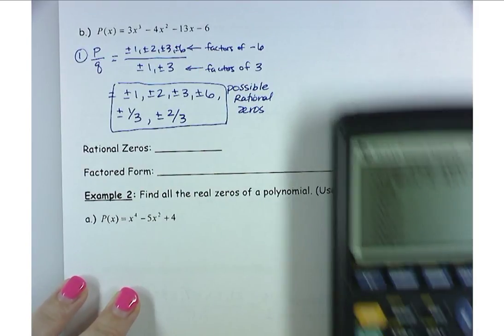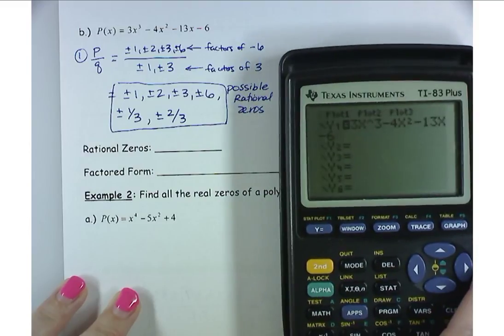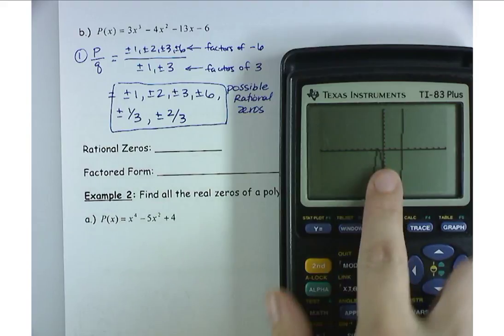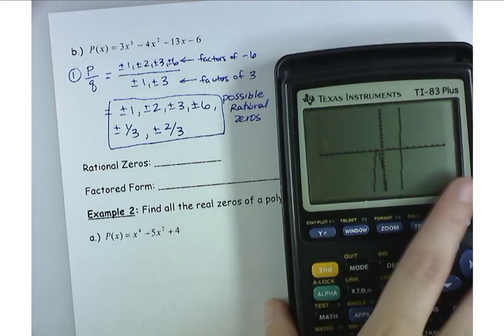Okay, so once you graph, remember this is helping us because now I don't have to pick and choose from that list. Now, according to the graph, what would be a good option of a 0 to check? Okay, 3 looks good. -1, right? So 3 or -1. Either of those would be good choices because those are our x-intercepts.